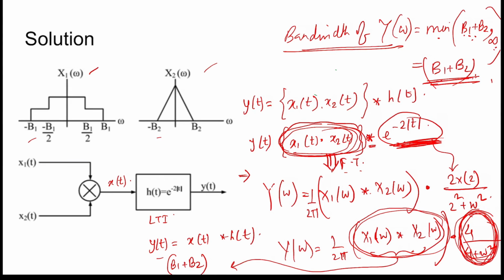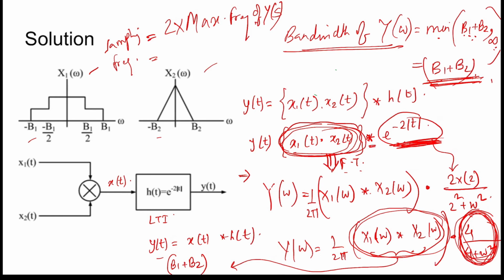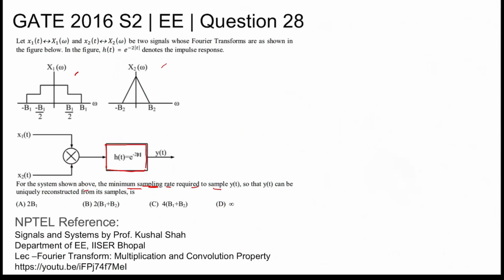Since the bandwidth is B1 plus B2, the maximum frequency is B1 plus B2, so the sampling frequency is 2 times B1 plus B2. So the answer is 2 times B1 plus B2. Option B is the correct option. Thank you.